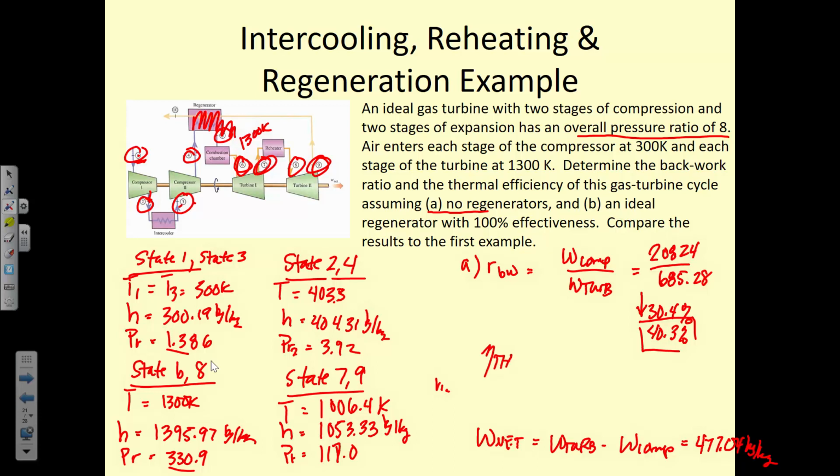thermal efficiency in part A without regeneration is work net over Q in. And Q in I solved earlier. Let's solve it real quick. Q in is equal to Q of combustion plus Q of reheat.